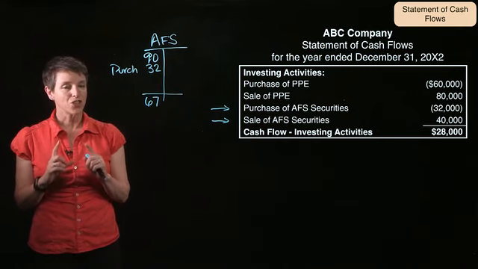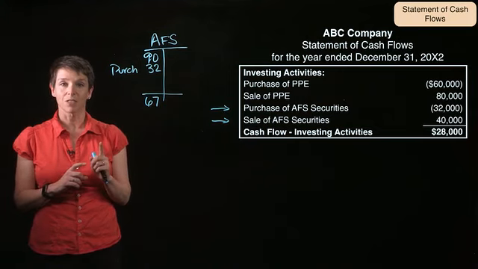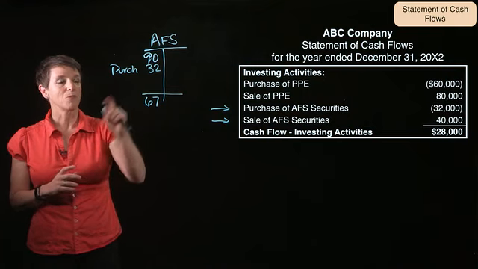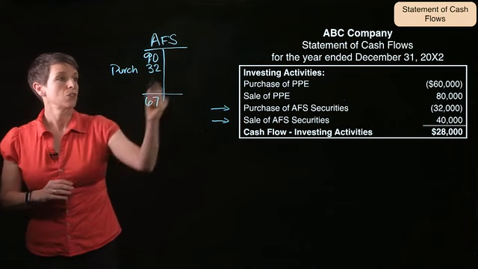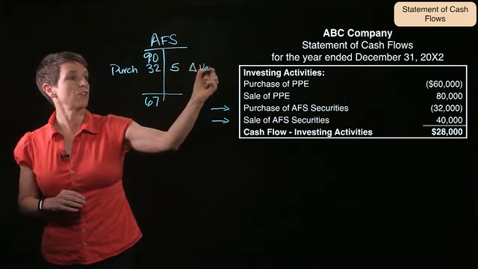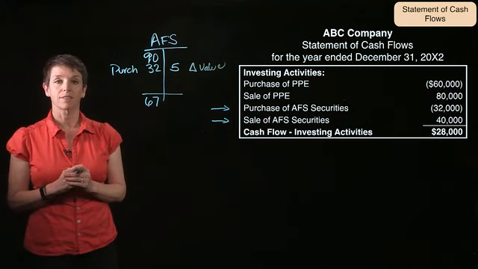And you'll see that it's changed during the period. It's gone from 7,000 down to 2,000. That means that available for sale securities lost value during the year. So we'll put $5,000 change in value for the available for sale securities.